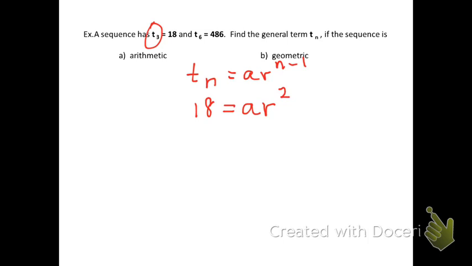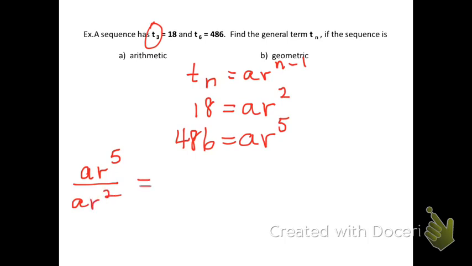And then our second one, 486, equals a times r to the power of 5. So I'm going to use a ratio to solve these. So I have a times r to the power of 5 over a times r to the power of 2 is just going to be equal to 486 over 18.